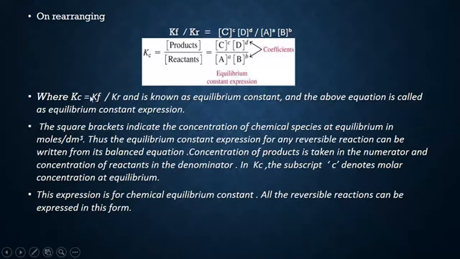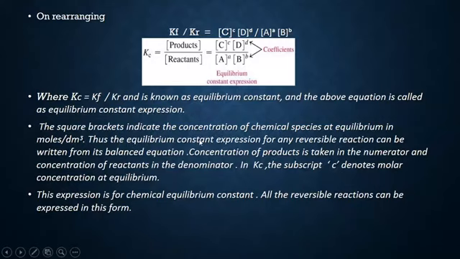Here Kc is equal to Kf over Kr and is known as the equilibrium constant, and the above equation is called the equilibrium constant expression. The square brackets indicate the concentration of chemical species at equilibrium in moles per dm cube.